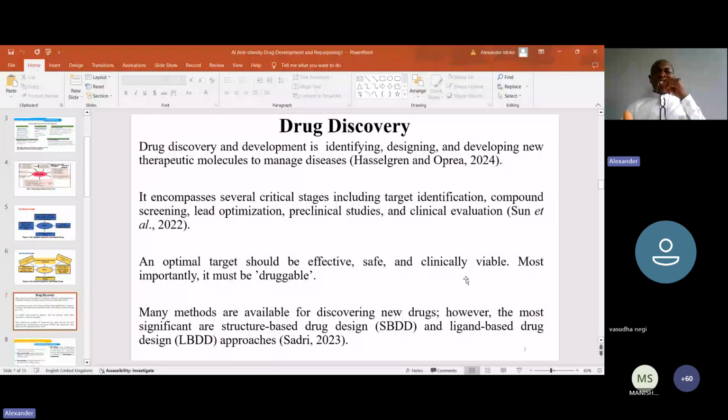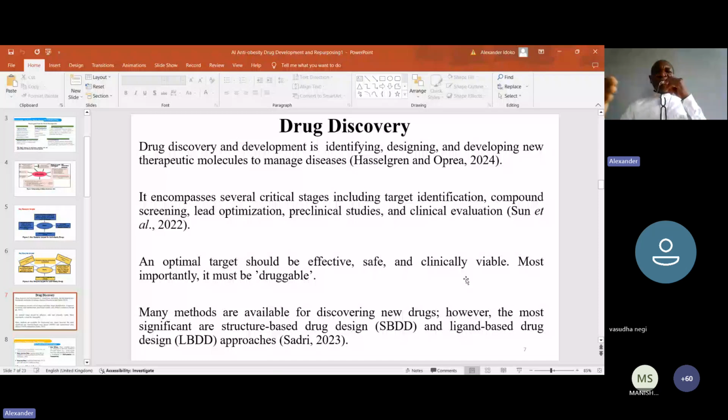A target that emerges as optimal should be effective, should be safe, and should be clinically viable. That is to say, it must be a druggable candidate. There are several methods available in discovering new drugs. However, the most significant ones that have been used so far and tested are the structure-based drug design and ligand-based drug design approaches.